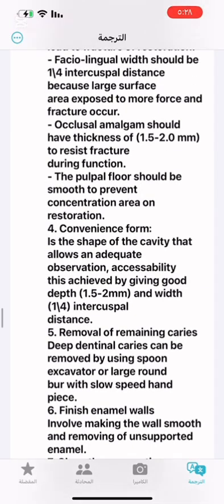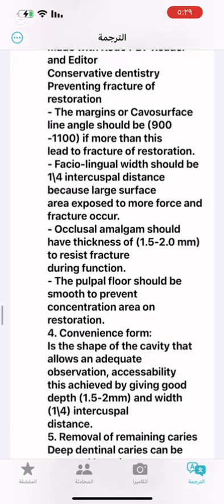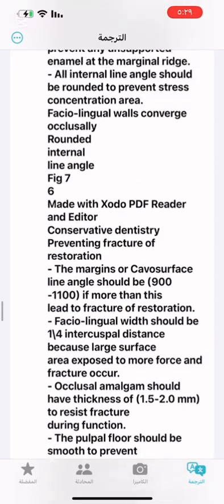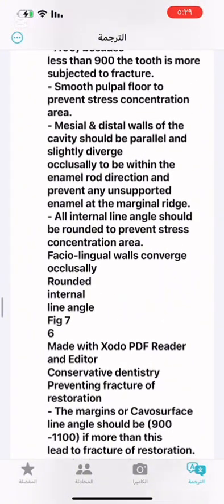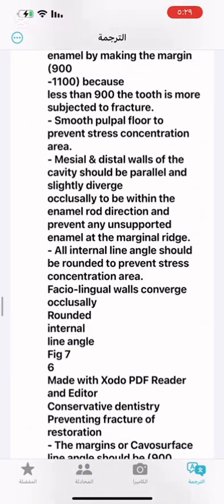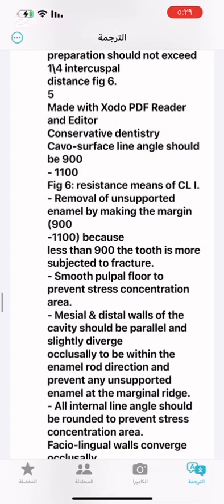Class I cavity. 1. Outline form is the shape of the cavity which the cavosurface line angle of the cavity assumes after preparation. Access: gain initial access via the most carious part of the tooth.